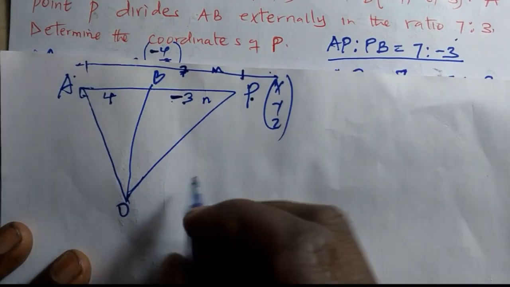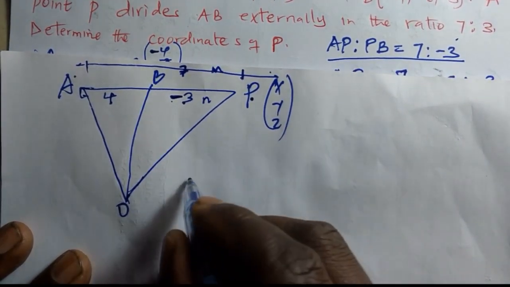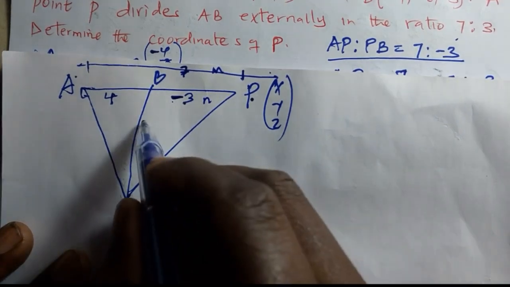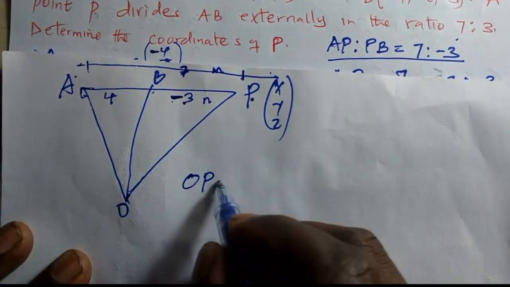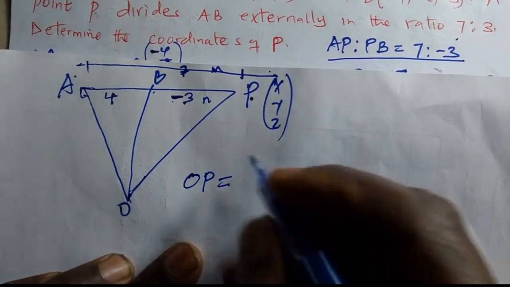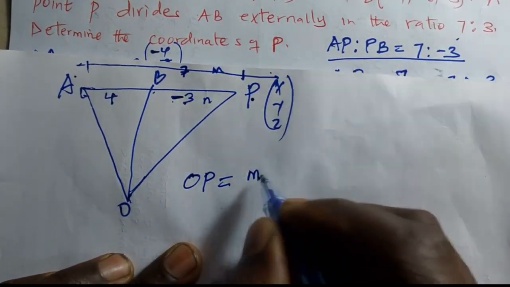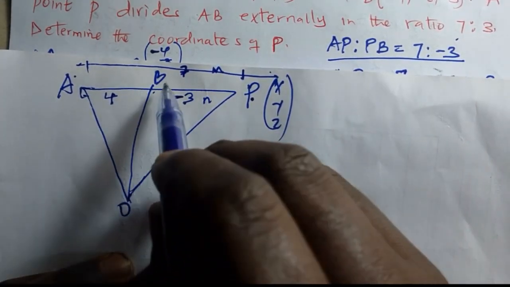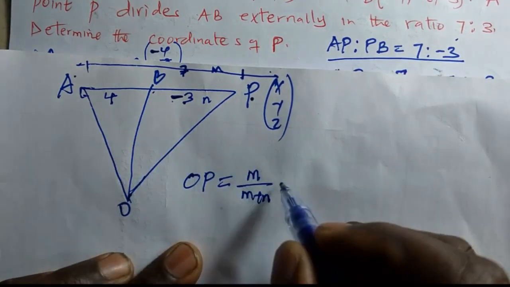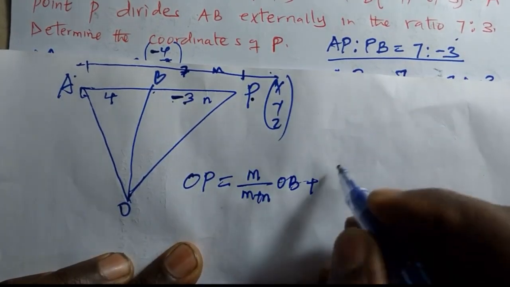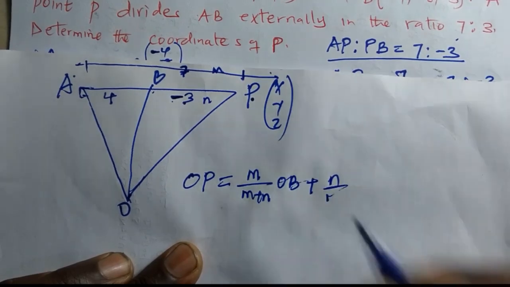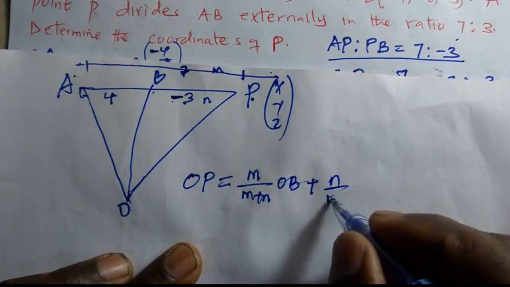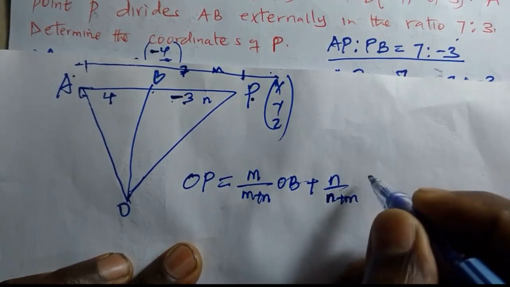So we are going to use the ratio theorem directly to get OP in terms of B. OP will be m over m plus n OB plus n over n plus m OA.